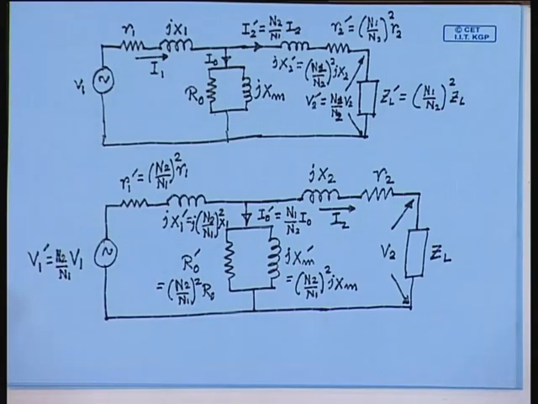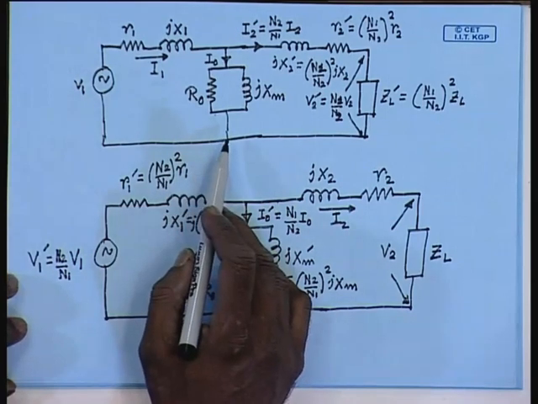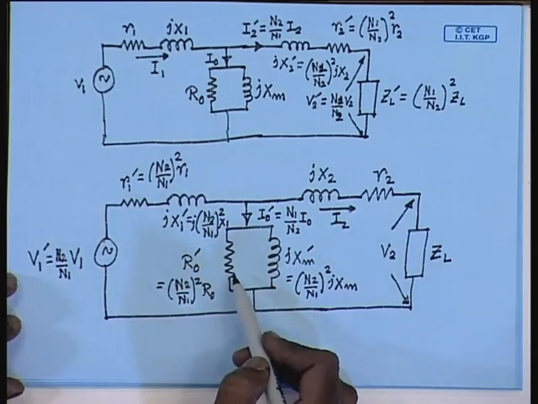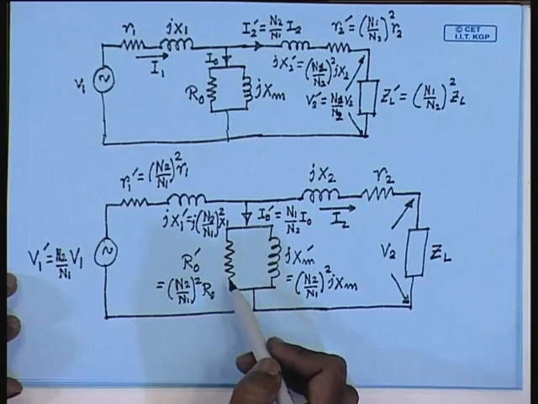So, these are the two equivalent circuits. The first one is referred to the primary with number of turns N1, the second one is referred to the secondary with number of turns N2.